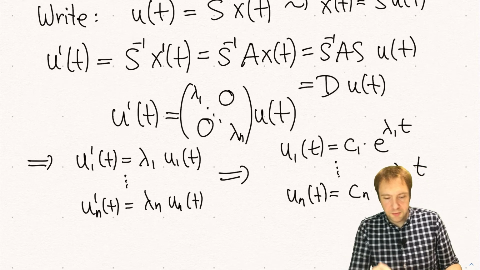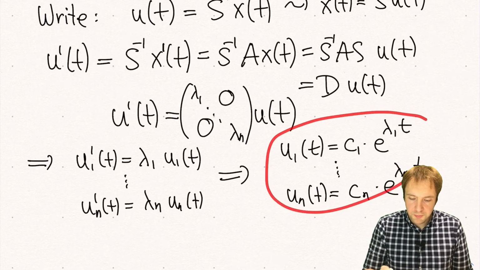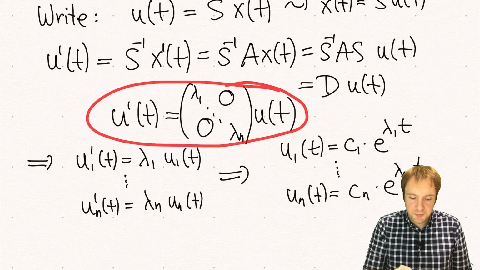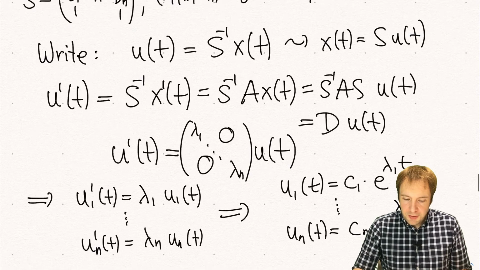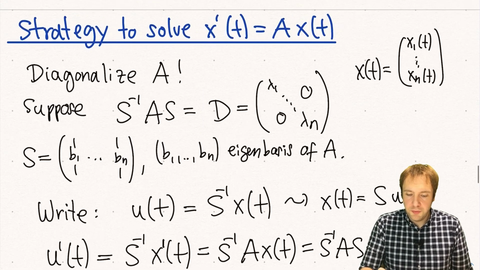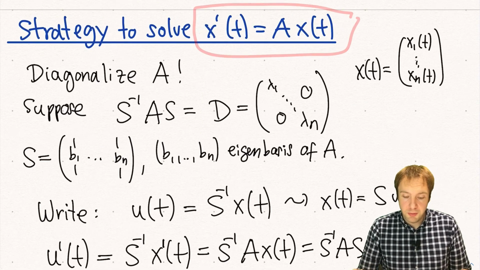So we get a solution for this new dynamical system, because this is one of these easy dynamical systems. But the goal was to get a solution for our original problem.